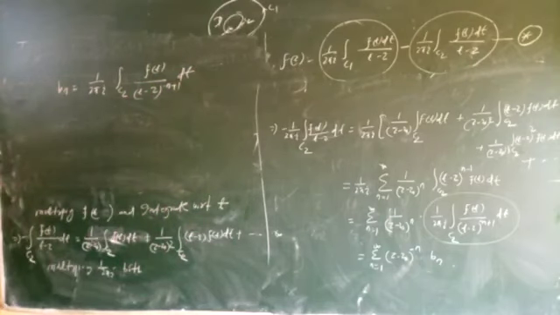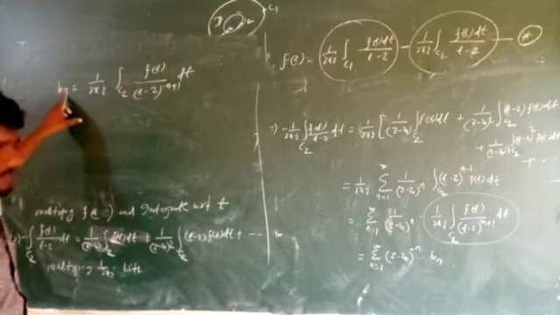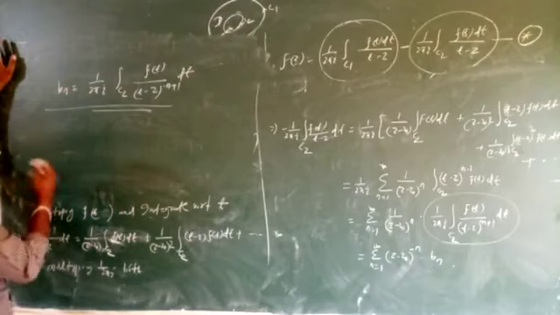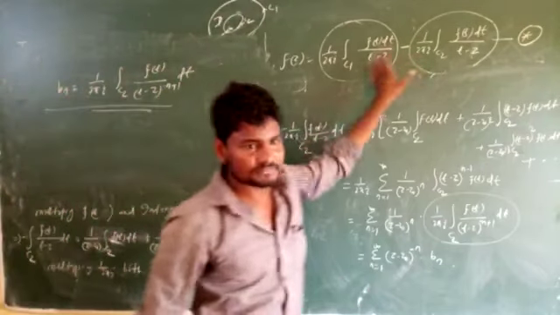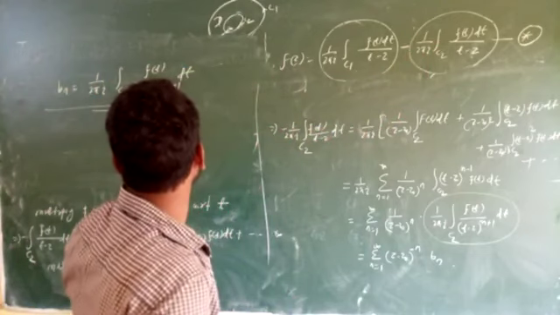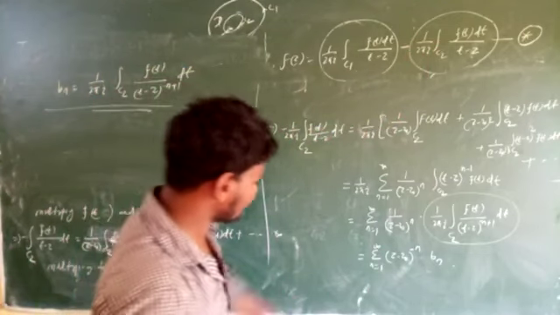So what is the relation between An and Bn? In the previous step we have to prove this. By putting this, what do you write?